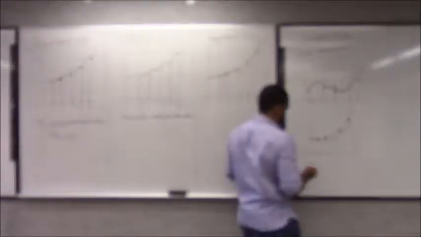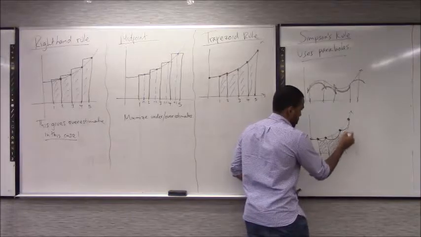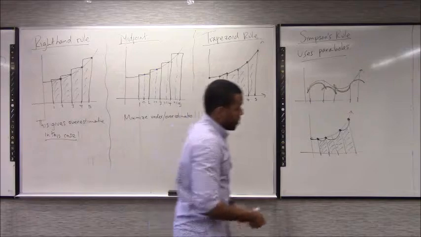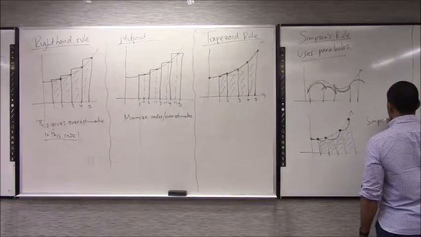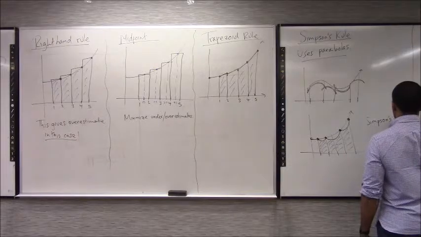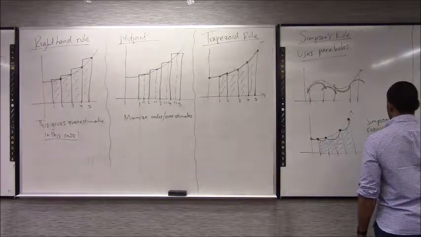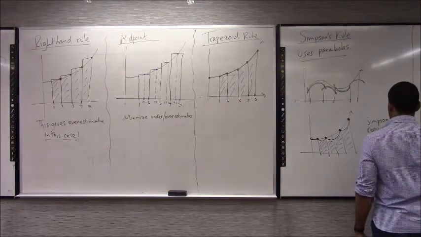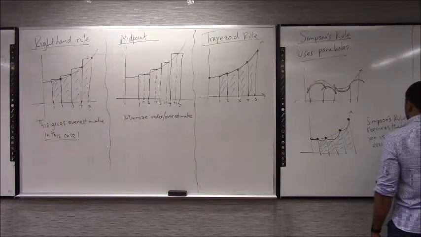And you find the area under these parabolas, you add them all up, and you get Simpson's rule. By the way, Simpson's rule requires that you use an even number of subintervals. It's the only one that has this sort of requirement.